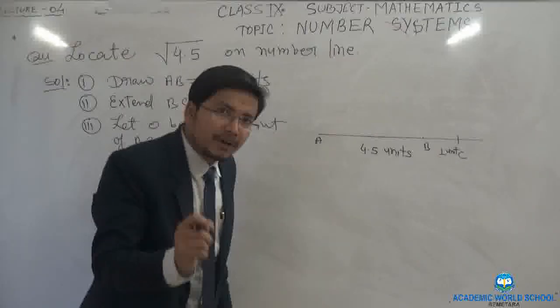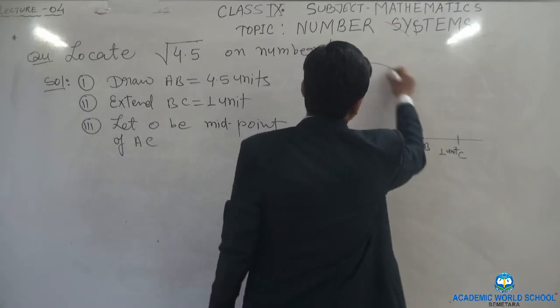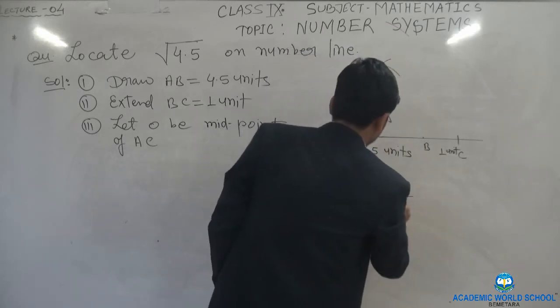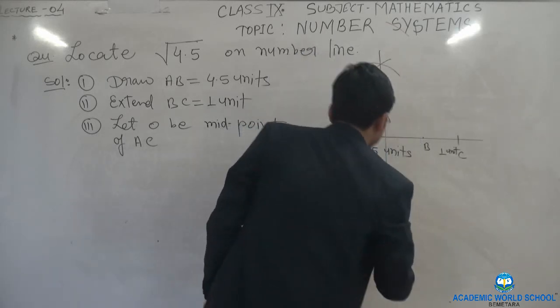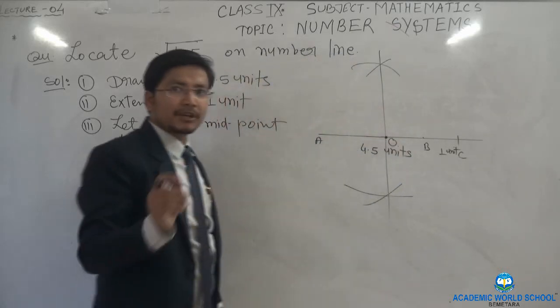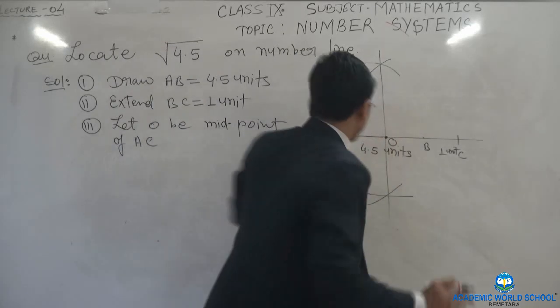Please, with the help of compass, we are going to find the midpoint of AC. So let's say this is the midpoint, and that is point O.